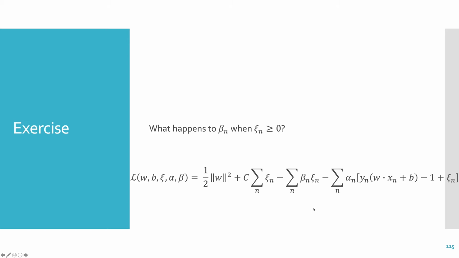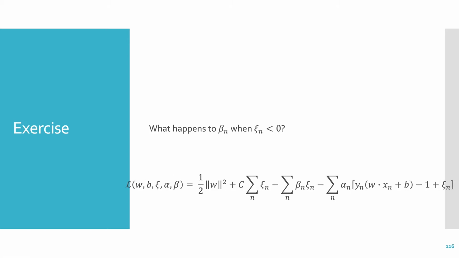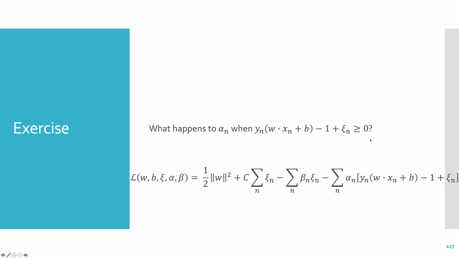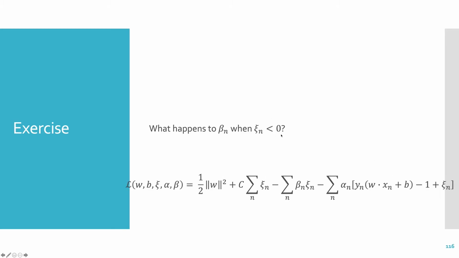Okay, what happens to beta n when xi n is less than 0? Remember that xi n is not supposed to be less than 0. It's always supposed to be greater than or equal to 0. So if it's less than 0, we already have a problem, and that means one of our constraints was broken. So what happens to beta n when this happens? Well, again, we're trying to maximize this, and xi n is negative now, and so that term is now positive, so we want to make beta n as big as possible.